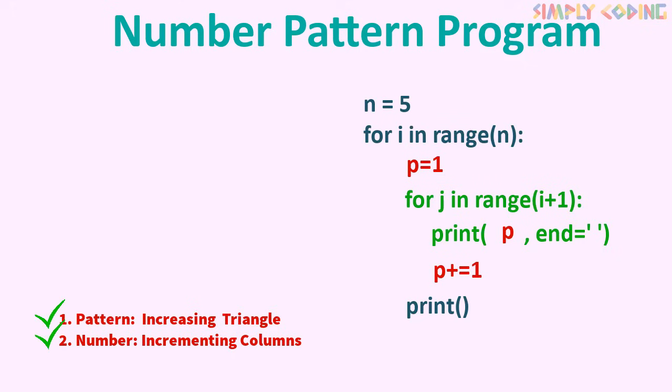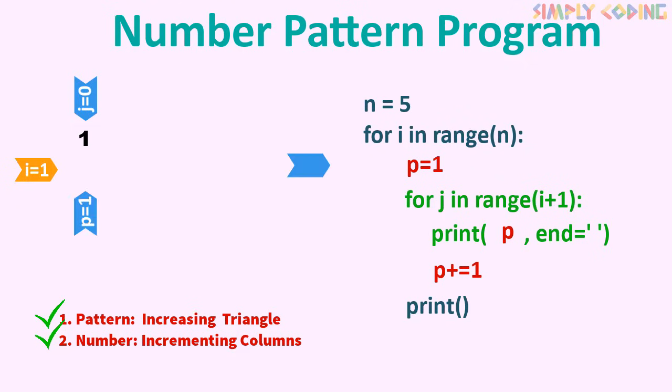So it will start with row 0 and i gets initialized to 0 the moment we enter the outer loop. We first initialize p to 1. It then enters the inner loop and prints p. However, the inner loop executes only one time, so the print statement is executed and we move to the next row with i equal to 1.